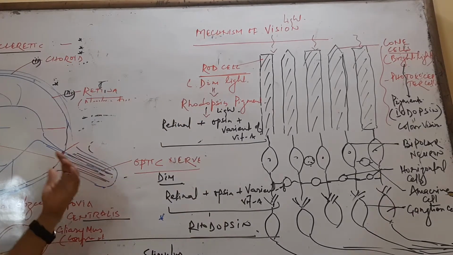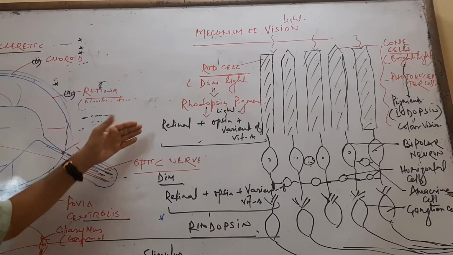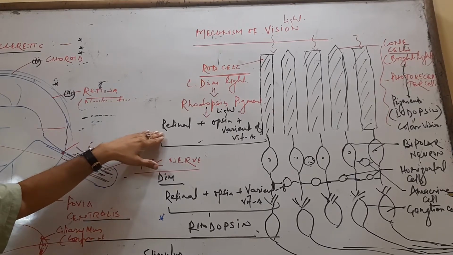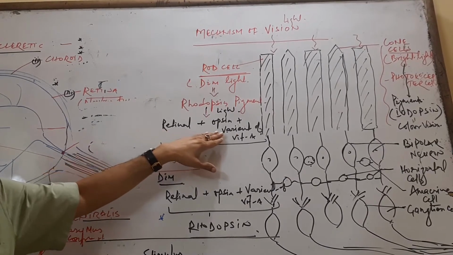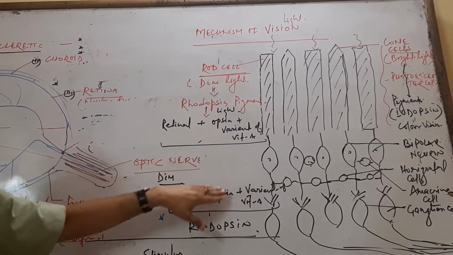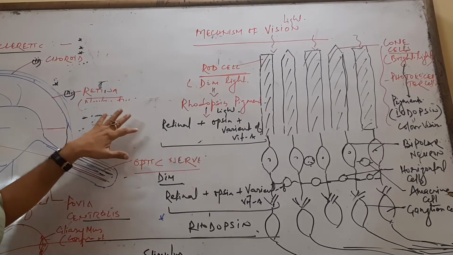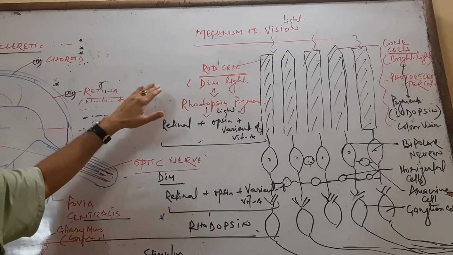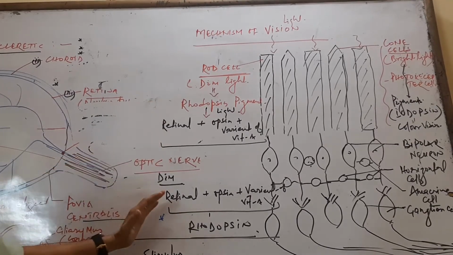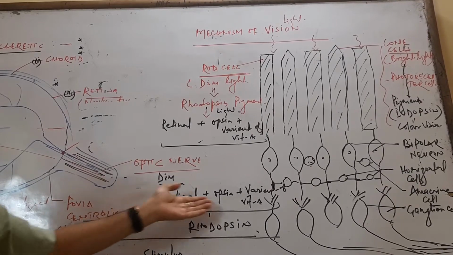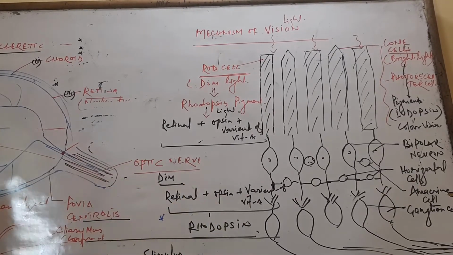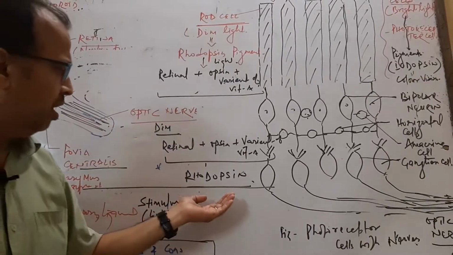In light and day vision, rhodopsin breaks into retinal plus opsin plus a variant of vitamin A. This breakdown occurs in the presence of light, and in dim light these components recombine to form rhodopsin.